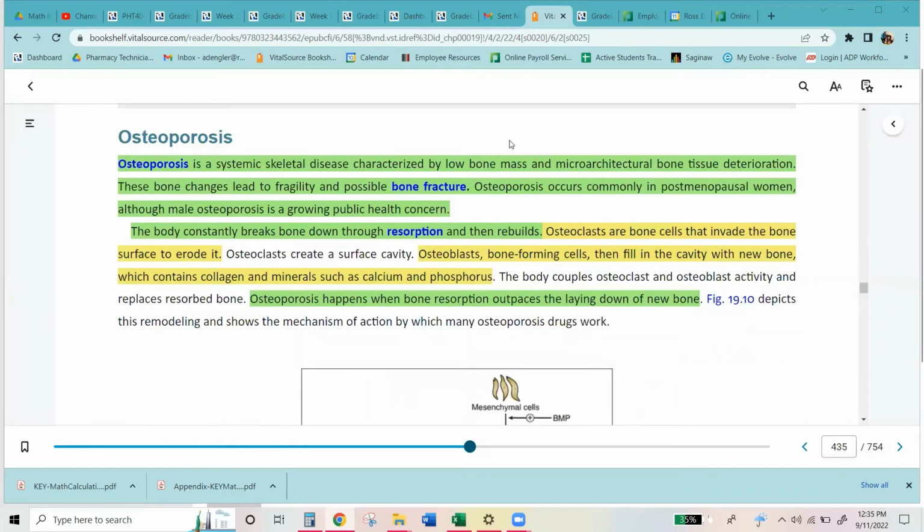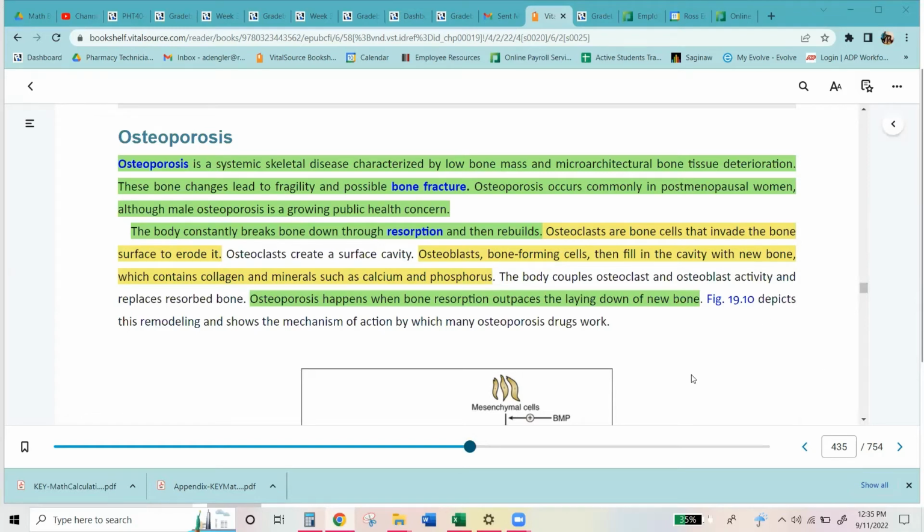Osteoporosis is a systemic skeletal disease characterized by low bone mass and microarchitectural bone tissue deterioration. These bone changes lead to fragility and possible bone fracture. Osteoporosis occurs commonly in postmenopausal women, although male osteoporosis is a growing public health concern. The body constantly breaks bone down through resorption and then rebuilds.